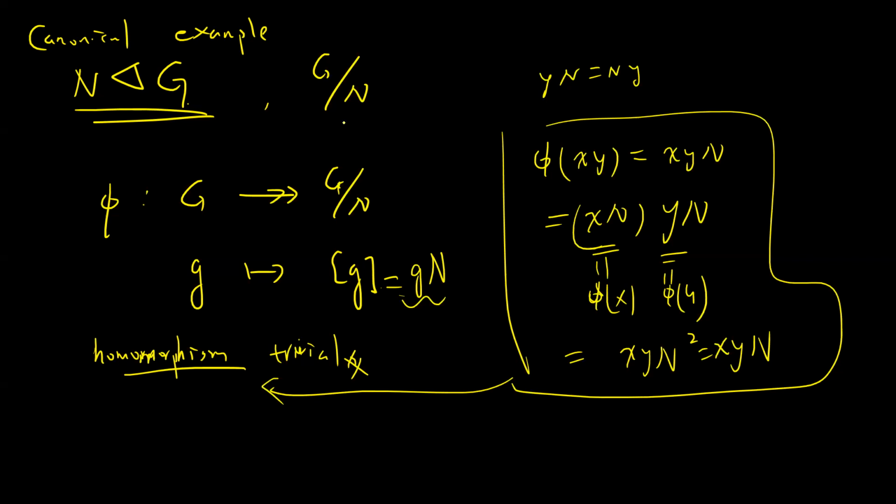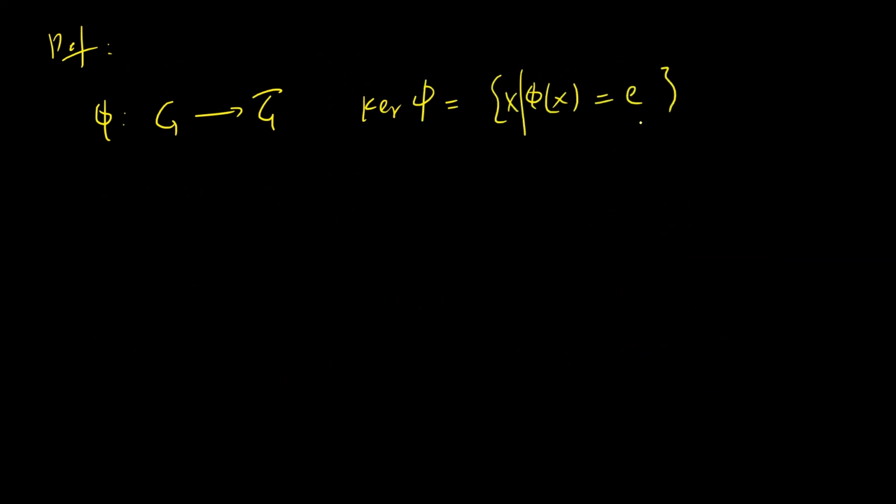Okay, that's talking about the kernel. If you have a homomorphism from a group G to G bar, the kernel of phi means all the x such that phi of x maps to the identity. Also the cokernel.